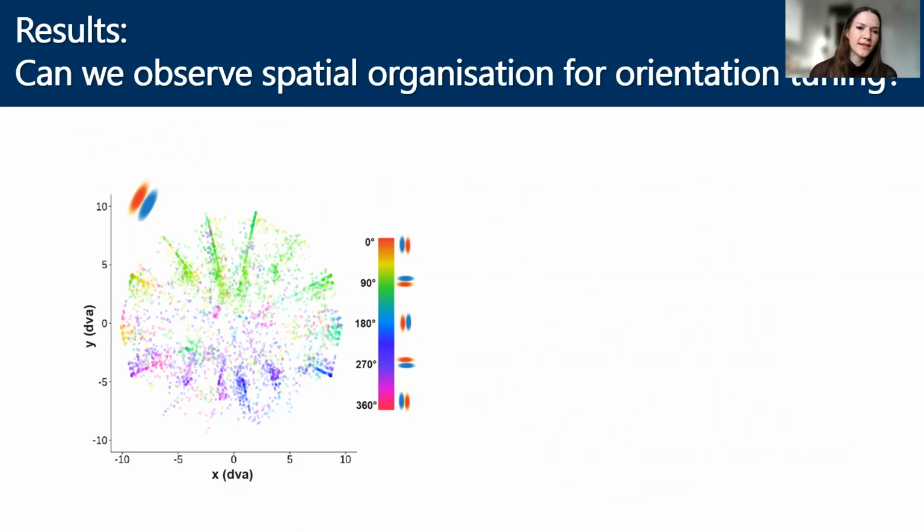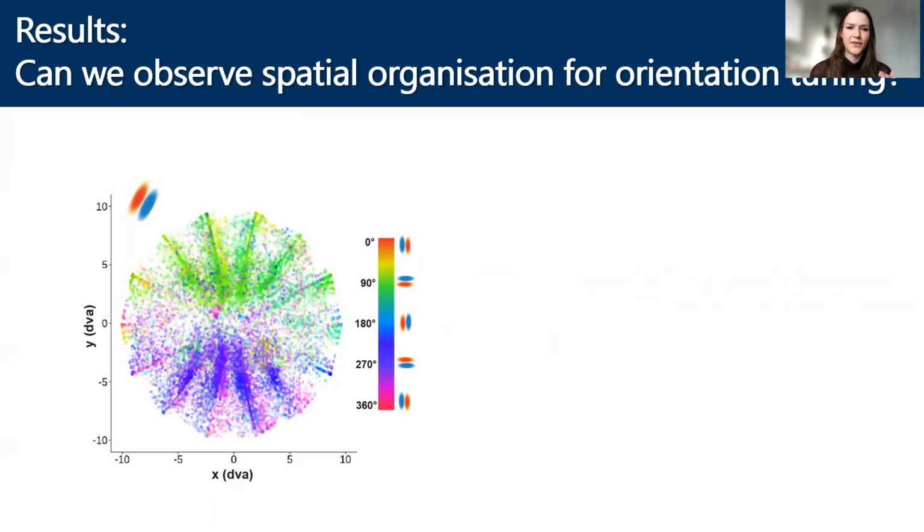Now, as you can see, we already start to see some pattern emerge for this subject, and when we look at the results pooled across all visual areas, we see a split between the upper and lower visual field.